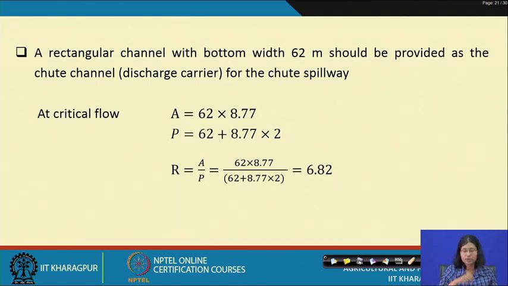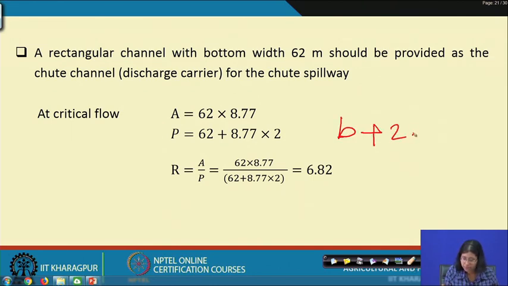We calculate again the wetted perimeter, which is B plus 2D. The hydraulic radius is A by P, so we plug everything into the equation.